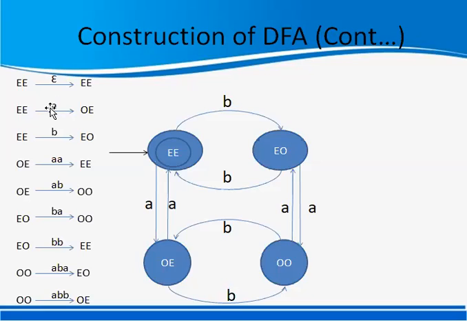So it will move to state OE. So from state EE on input A, our next state will be OE.